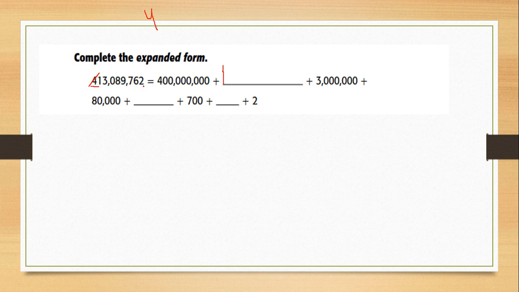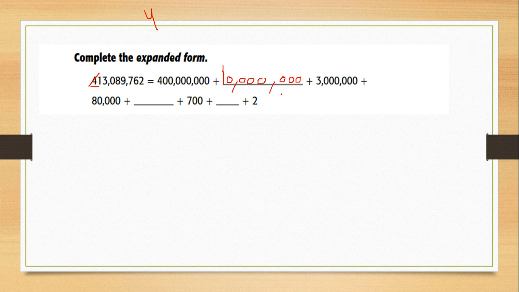So we have 7 digits. We will replace these 7 digits with 7 zeros. Let's do it. And we have here 10 million, because the 1 here is in the place of 10 million.